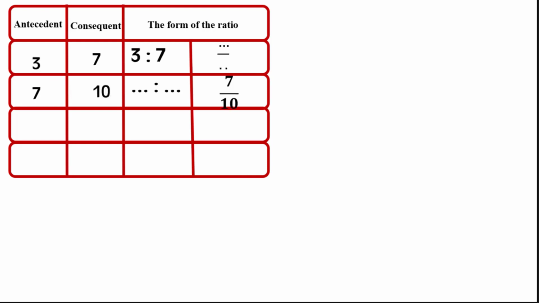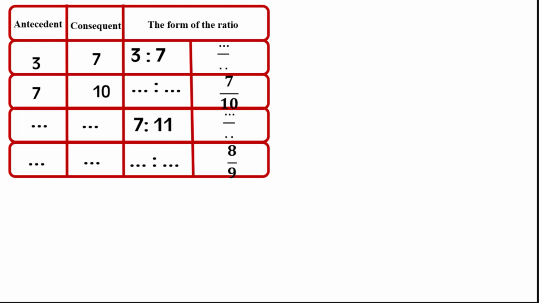If we have here a table and we want to complete this table, he will give you the antecedent and consequent and ask about the form of the ratio, or he will give you one form of the ratio and ask you to complete the antecedent and consequent or find the second form of the ratio.